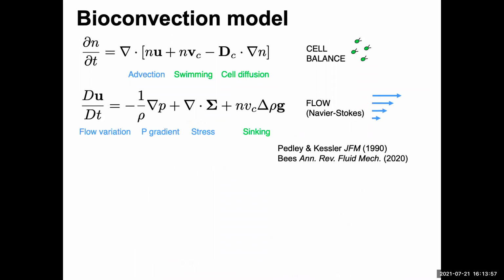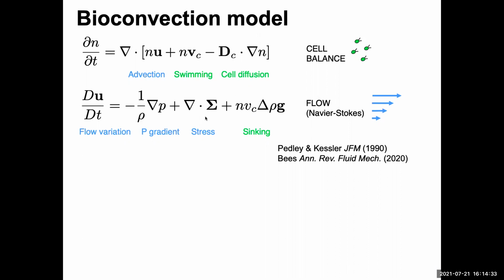So to describe these suspensions in the dilute limit, so maybe excluding the last example of active rheology, you can use a continuum model, and these were developed in the 90s by Pedley and Kessler. And the model has the form of a conservation equation for the density of cells. So you have an advection due to the fluid flow, an advection due to swimming, and then cell diffusion with an anisotropic diffusion tensor.